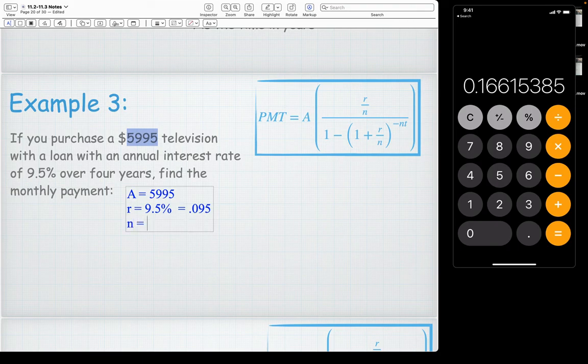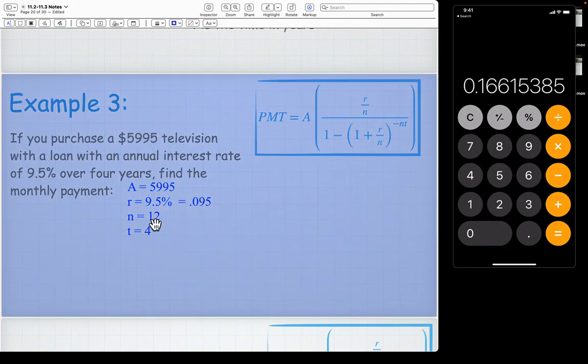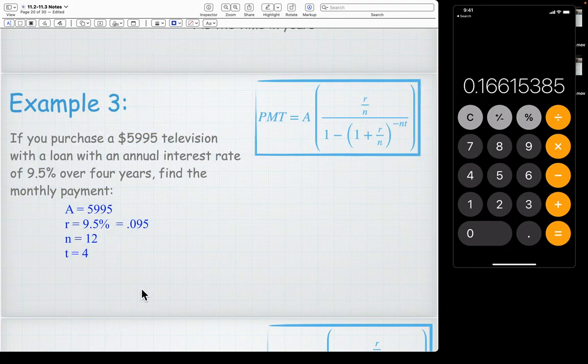N is the number of payments, and as you said, it's monthly, so we're going to do that 12 times per year. And then we're going to take out our loan for 4 years, so T is 4. There's all of our different numbers.